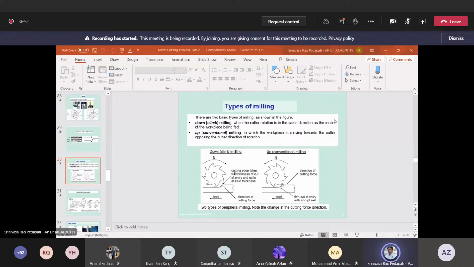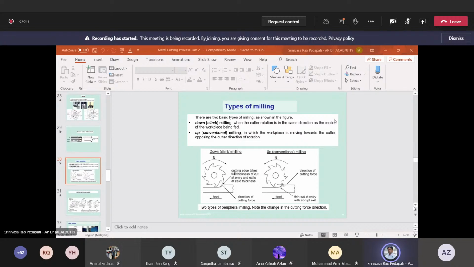If up milling is better, why should we go for down milling? Why is everybody not going for up milling? As per my conversation with you now, up milling is better because it gradually increases the load onto the cutter tooth, hence the tooth is safe. Because you gradually increase the load on the tooth, the tooth can sustain the load.